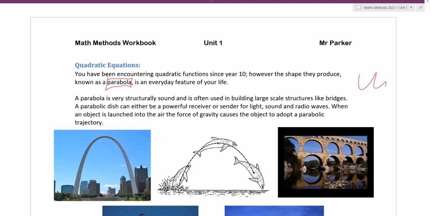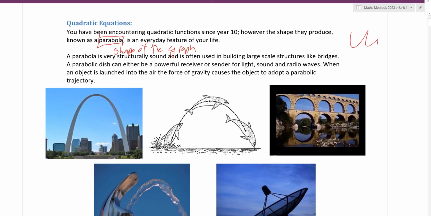When I talk about parabolas, I'm talking about the shape of the graph. I do apologize if my handwriting's worse than normal, but I'm doing it on the vertical screen, which isn't great.